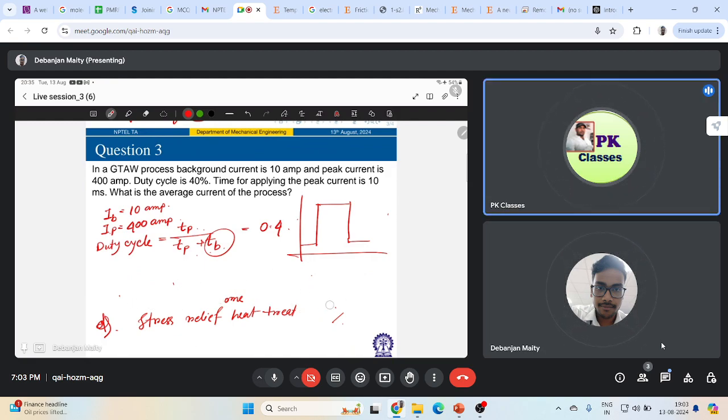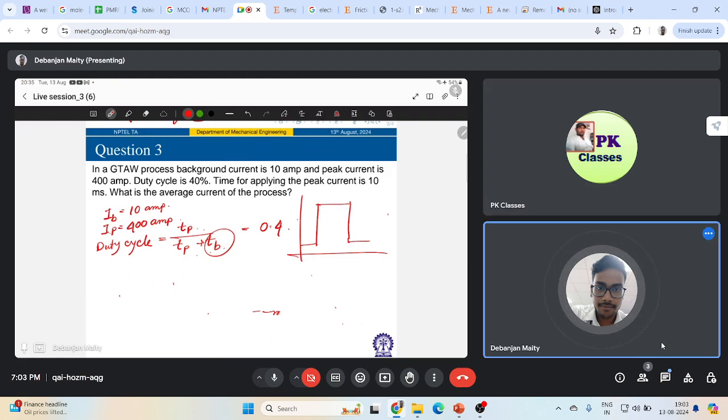And then plus TB. I'm saying that time for applying the peak current is 10 millisecond. What is the average current for the process? So average current will be what?